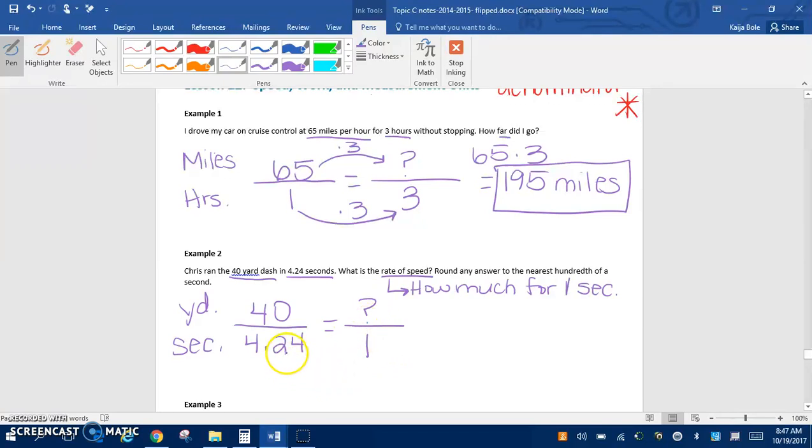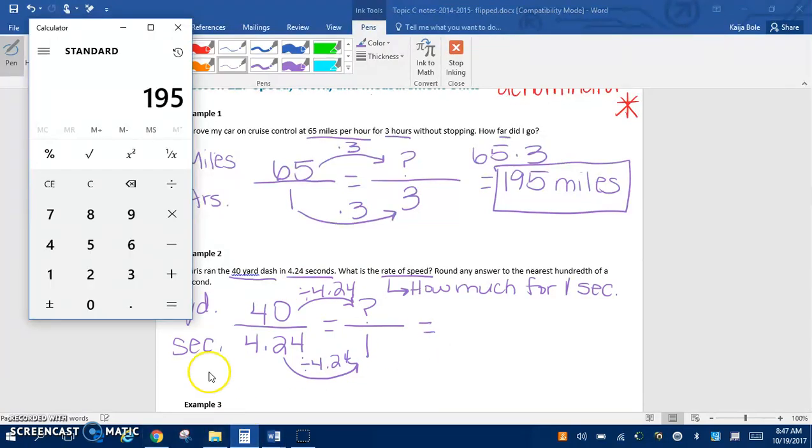So we're going to ask ourselves, how do we get from 4.24 to 1? That means we divide by 4.24. You're really going to need your calculator here. Divide by 4.24. So in the calculator, if we do 40 divided by 4.24, we get 9.4339, and it keeps going.